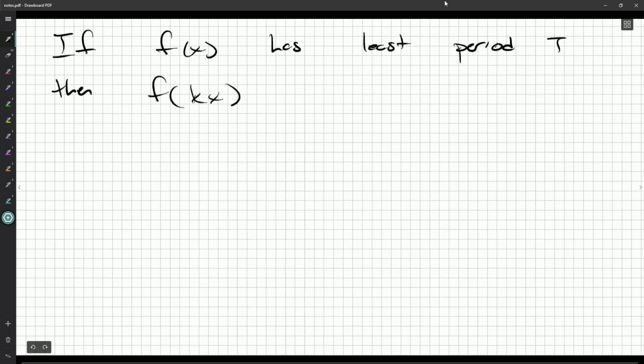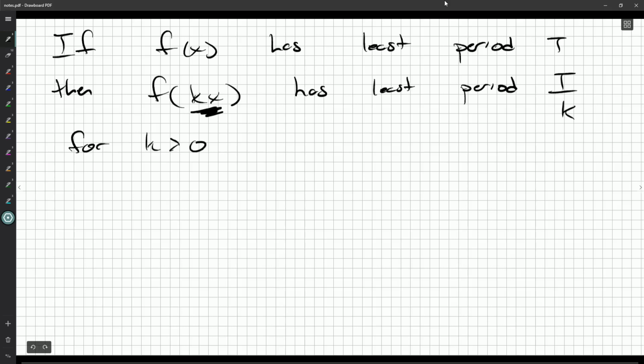If you're familiar with periods, this is a fairly common result. That this is true. If you know the least period for f of x and you change to a new function just by multiplying x by a constant positive value, you'd have to throw absolute value bars around this if k wasn't positive. But you can get the least period for this modified function.